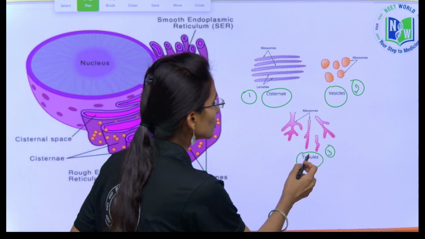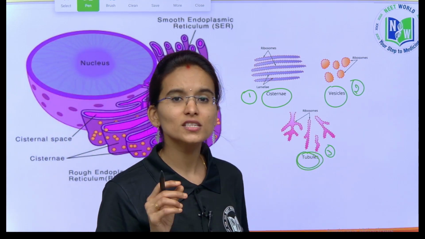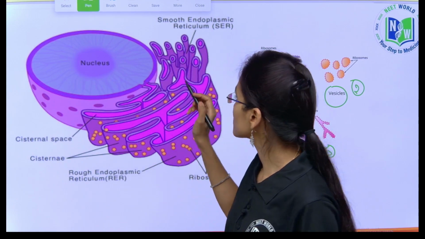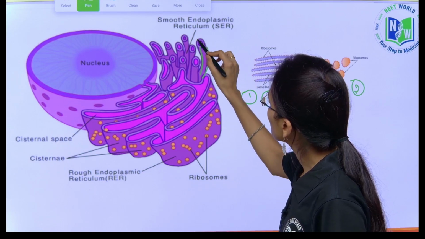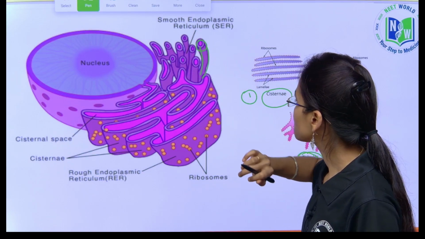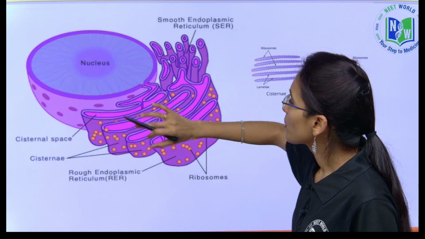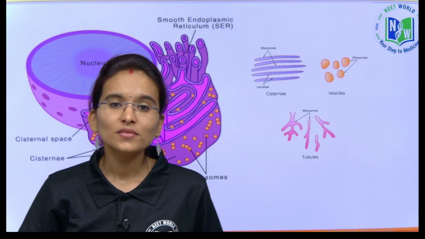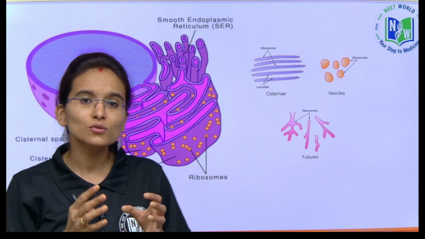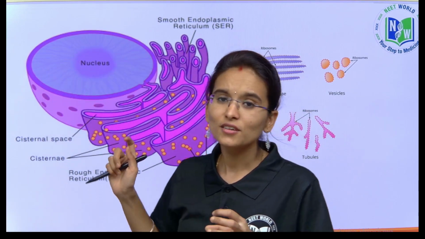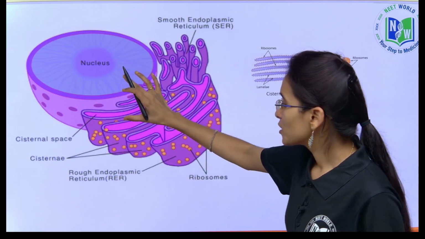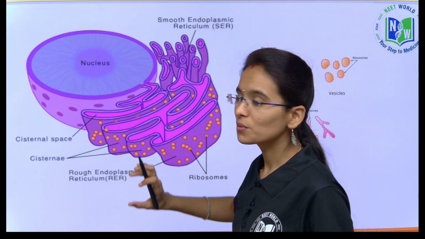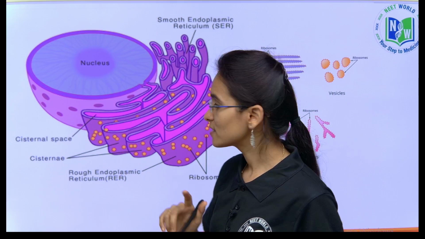And tubules are structures which are somewhat elongated in shape. So now, in the cytoplasm, this endoplasmic reticulum appears like it makes some compartments in the cytoplasm.